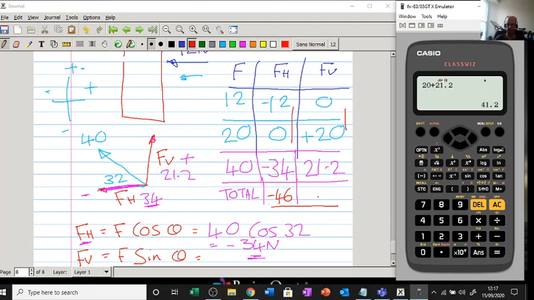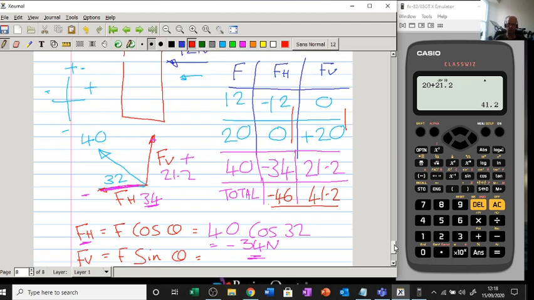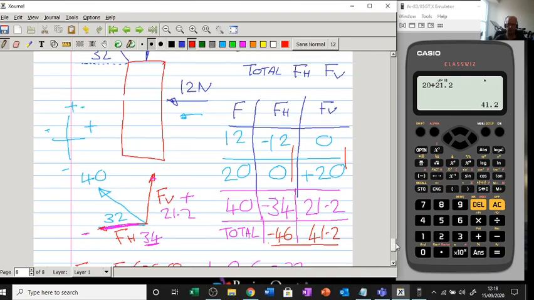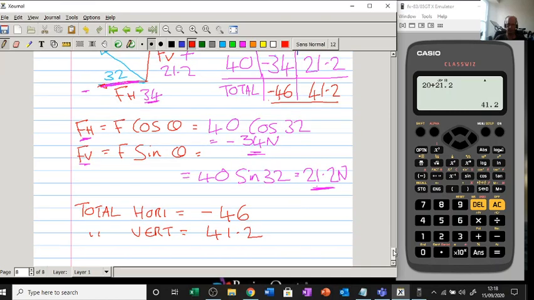Obviously it's going to be 40. 41.2. So the total forces on this object: the total horizontal force equals minus 46, and the total vertical is 41.2 newtons.